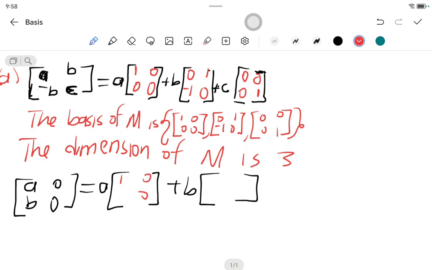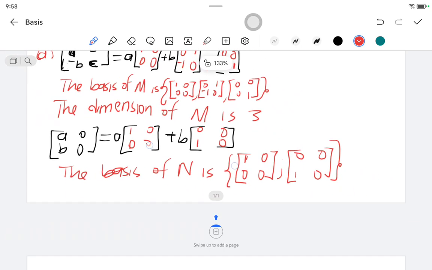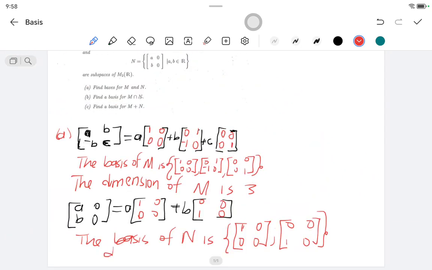Here we don't have A. Here we check if we have B. We only have B here. Then the basis of N is 1, 0, 0, 0, and also it's there like this. And then the dimension of N will be equal to 2.